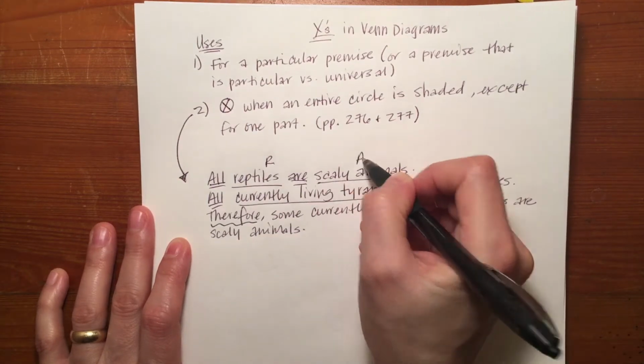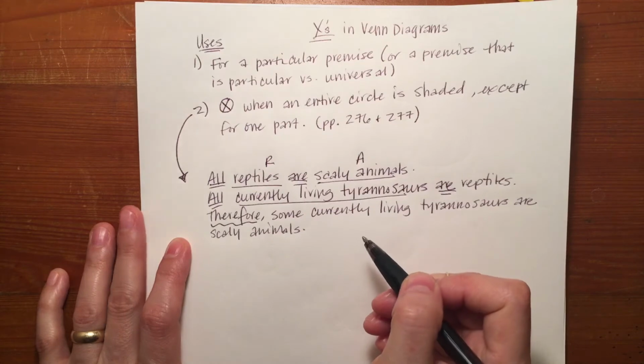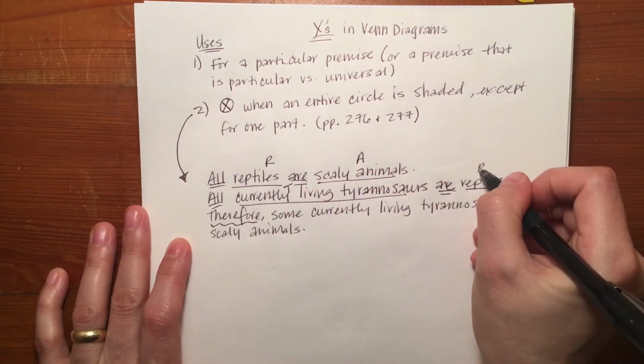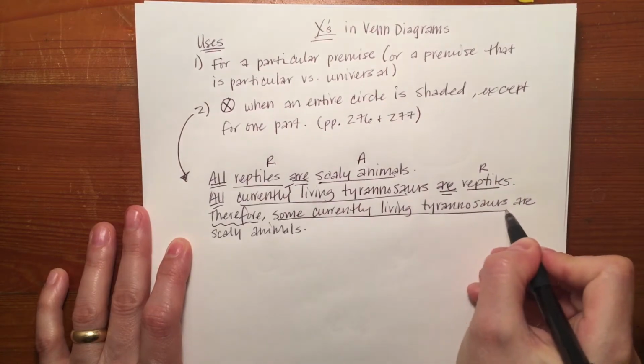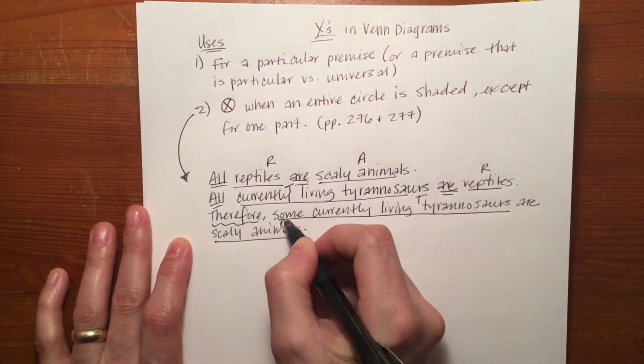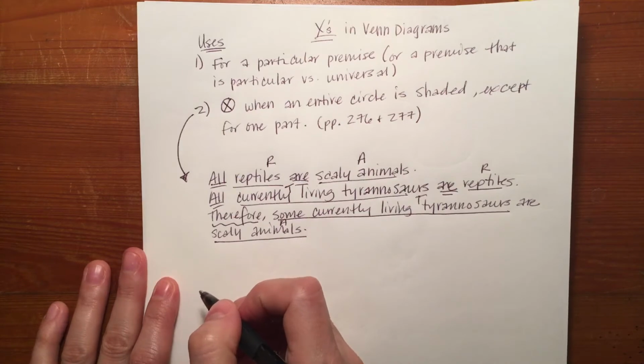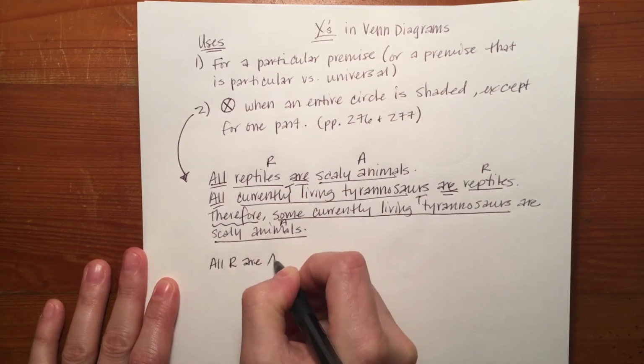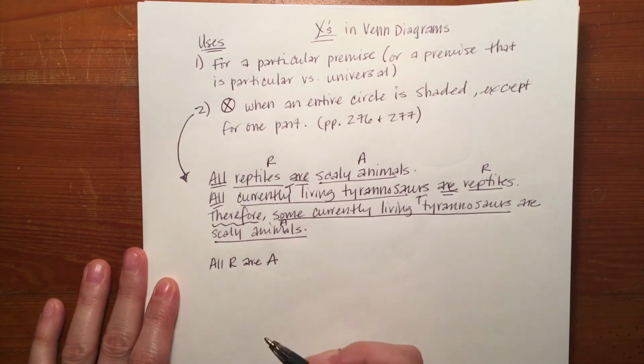We'll use R for reptiles, A for scaly animals, T for currently living tyrannosaurs, so that we end up with all R are A. It's S in your book if you want to look at that example.